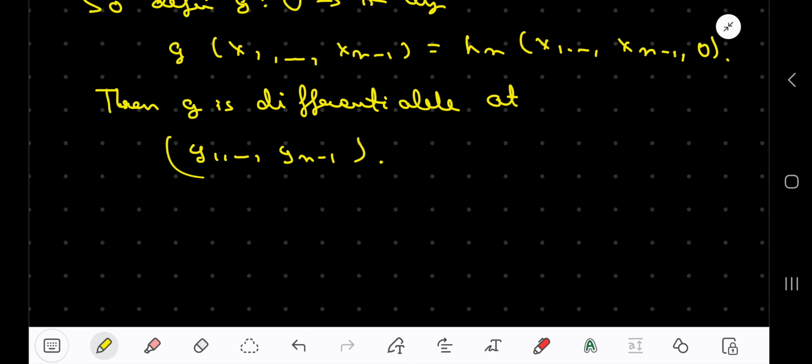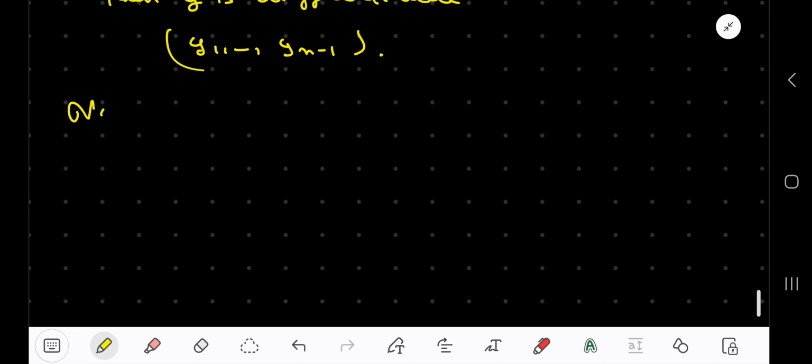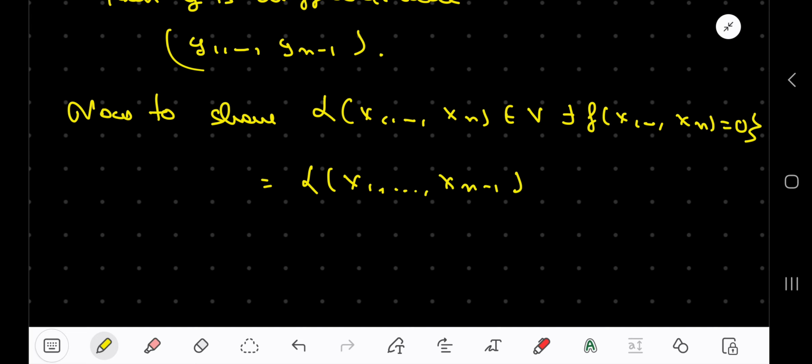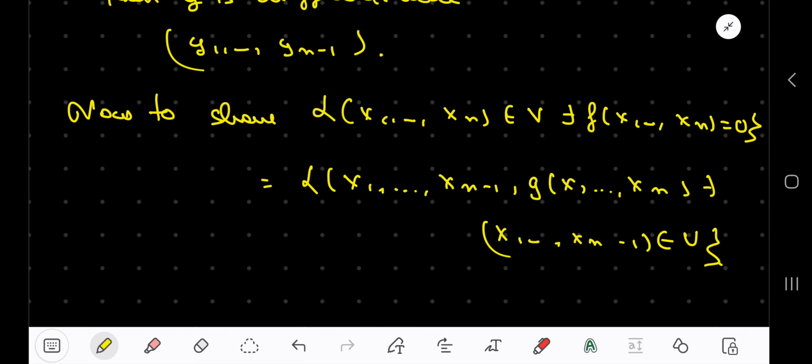So now to show that the level curve, where f is mapped to 0, is exactly equal to the graph, such that each of these elements comes from U.